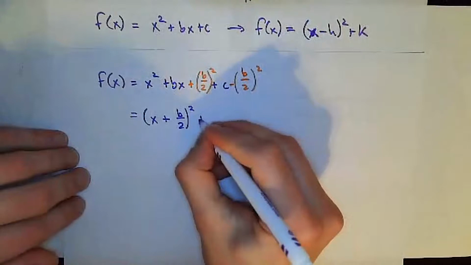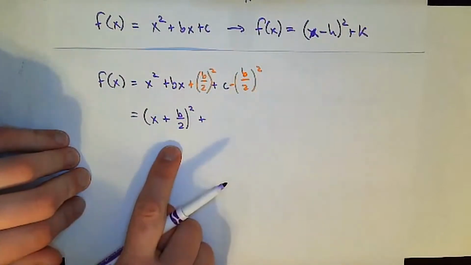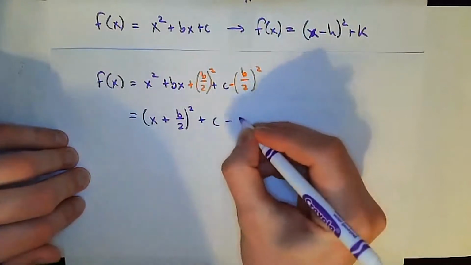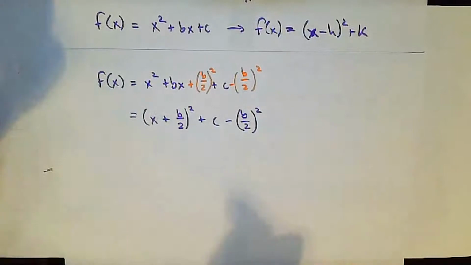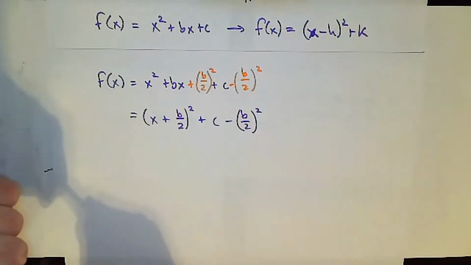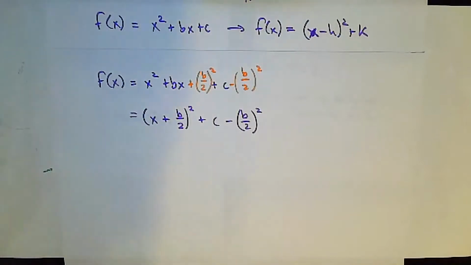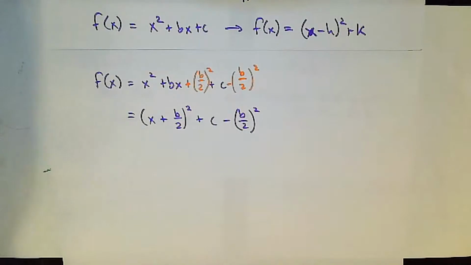But this is what we end up with down here. Inside the parentheses, we have half of that linear term, and then outside, we really need to be aware of what was added, so that we know what to subtract. There it is. That's the formula to get from this form to this form with a equals 1.